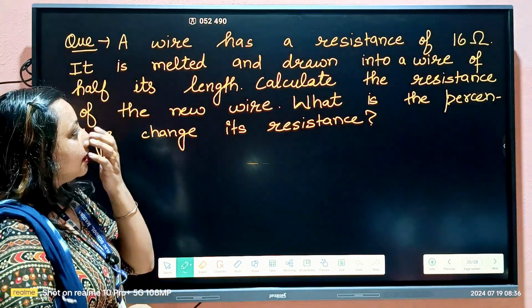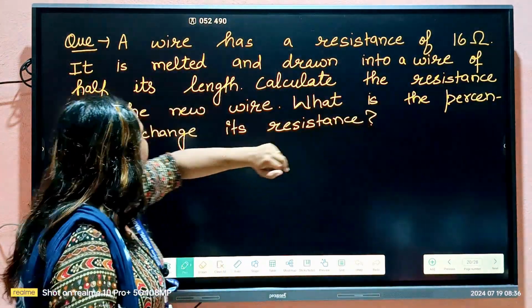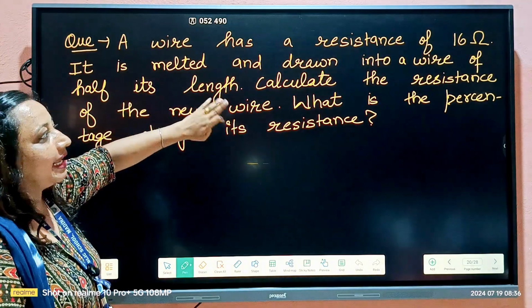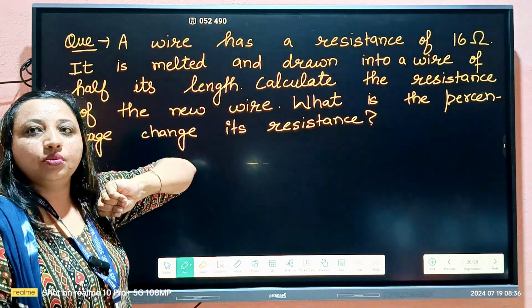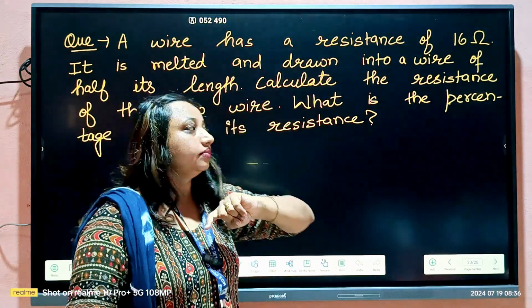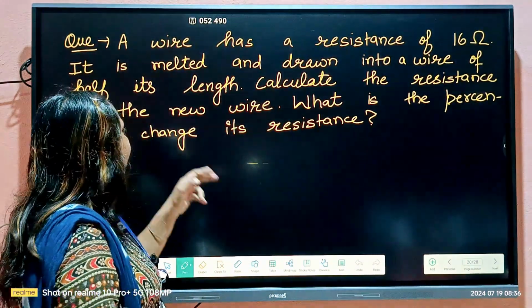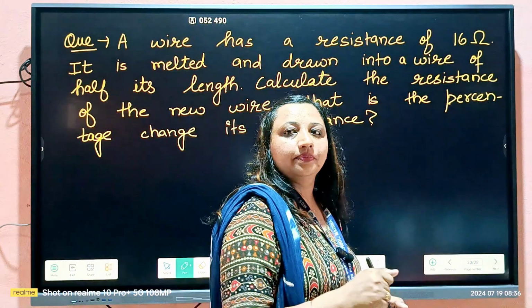A wire has a resistance of 16 ohm. It is melted and drawn into a wire of half its length. The length will be half of the original one. Calculate the resistance of the new wire. What is the percentage change in resistance? Do it.